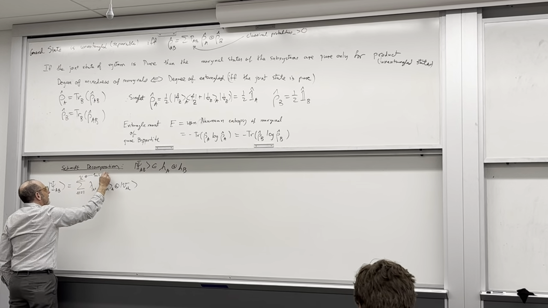And these guys are called the Schmidt vectors, which are orthogonal and normalized in their own Hilbert spaces.